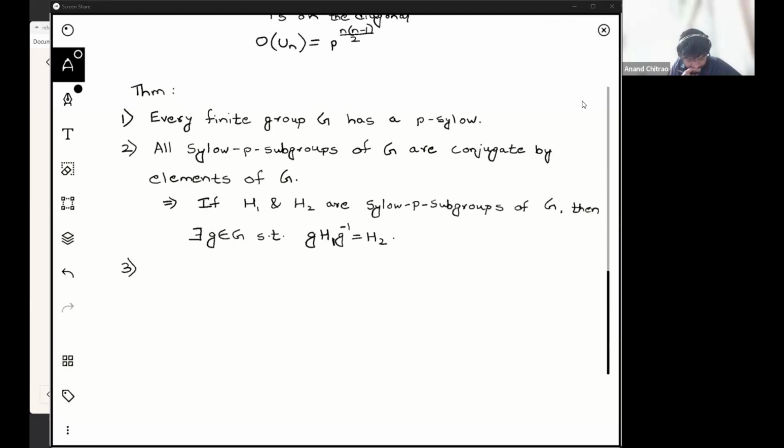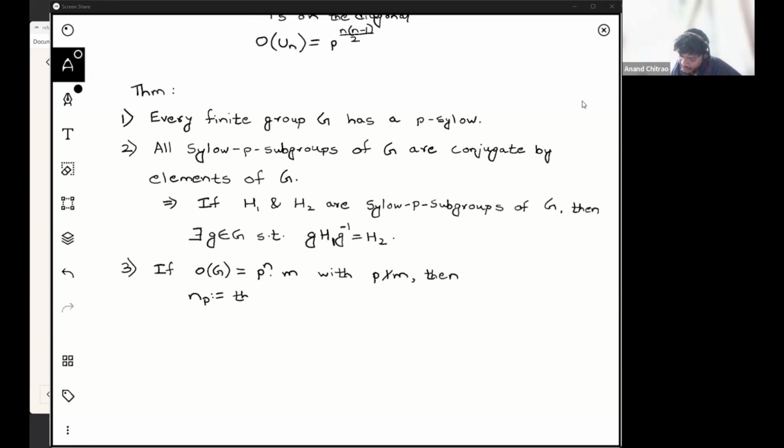And the third theorem is, if we write the order of G as P power n times m, with P not dividing m, then if you let np equal the number of Sylow P subgroups of G, then this np will divide whatever is left.